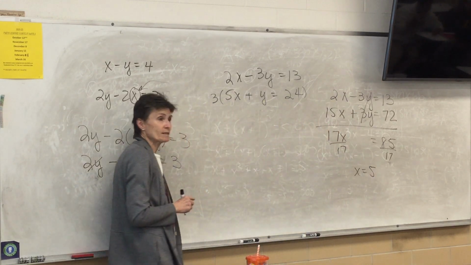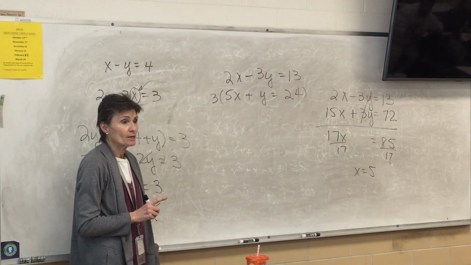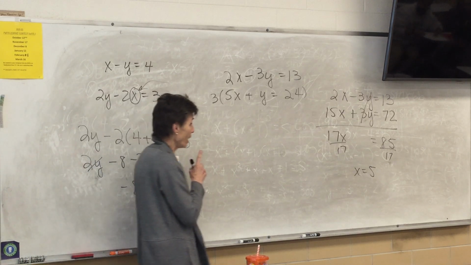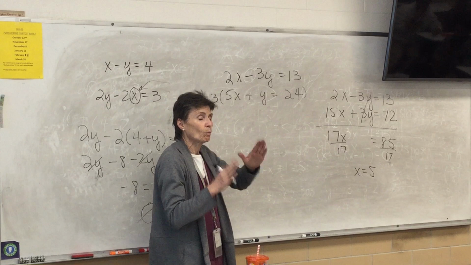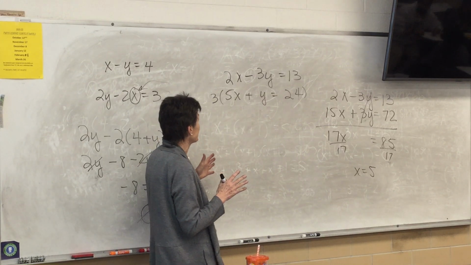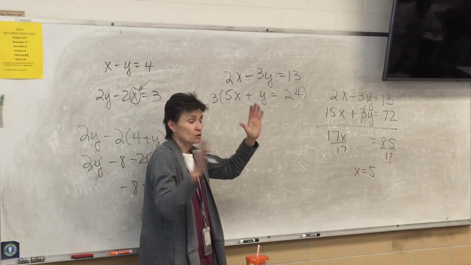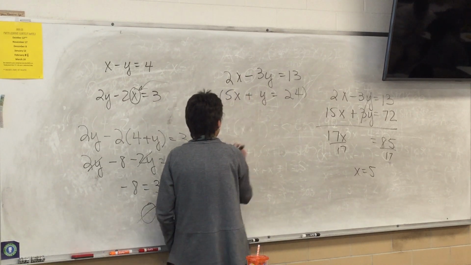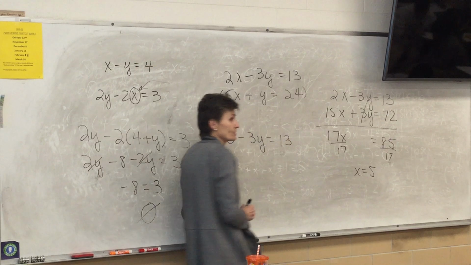But just like with substitution, you're not done, because you need to plug back in and find y. Now, where you plug in doesn't make one single bit of difference, so plug it in wherever it looks like it might be easier. I think I'm just going to plug it in the top equation, but you can plug it in wherever you want. So 2 times 5 is 10, minus 3y equals 13.